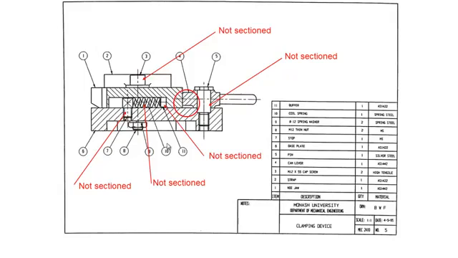Another thing to notice is the difference in hatching between different parts. We've got 3 parts all touching together, and you can see we've got different styles of hatching, so different gaps between the hatching and different directions to indicate that we're looking at different parts there.